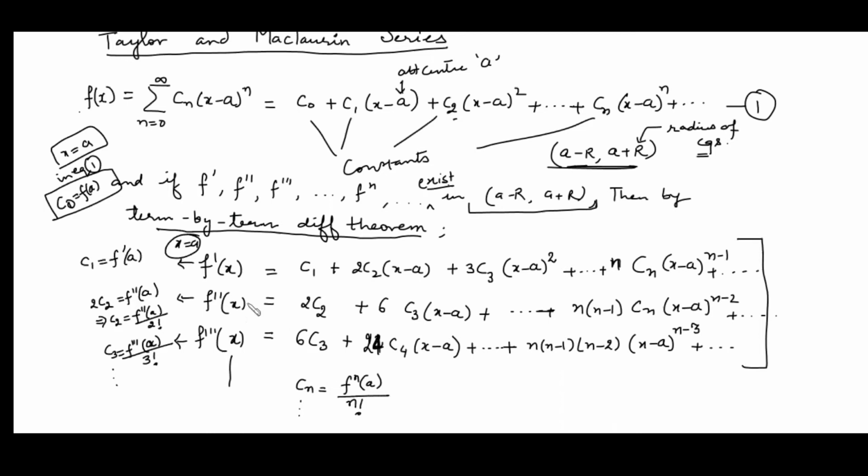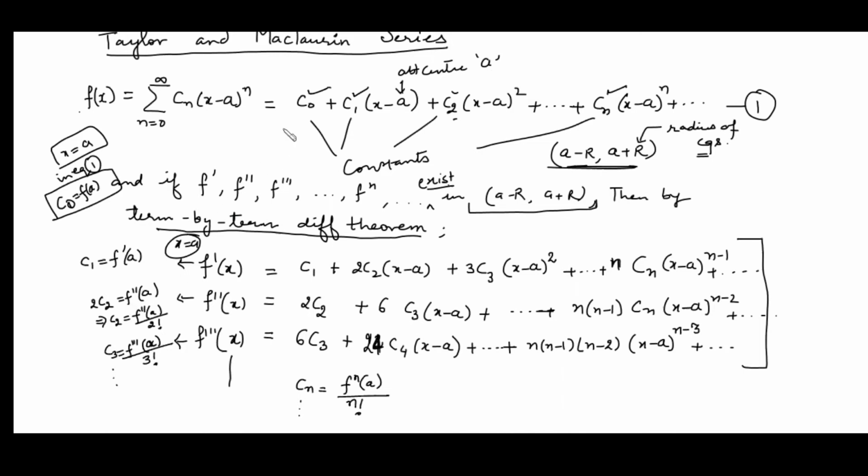Whenever your function and its higher order derivatives exist over this interval, we can find out the values of these constants. We can find c0, c1, c2, c3, up to cn, and substitute these values in equation 1, and after substituting in equation 1, we will get the Taylor series of the function at the center a.